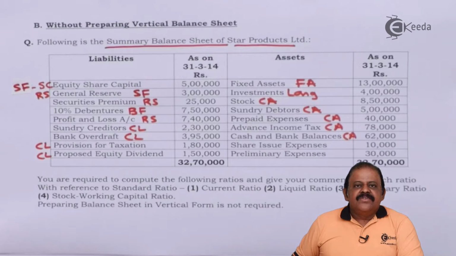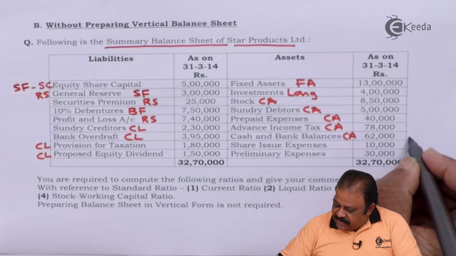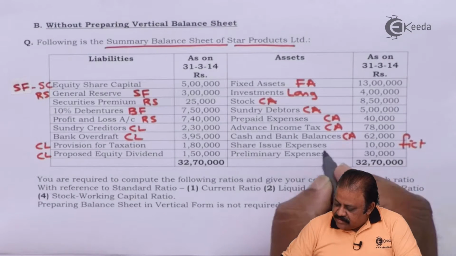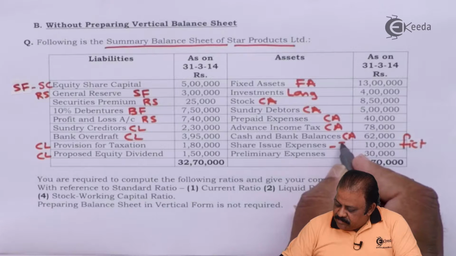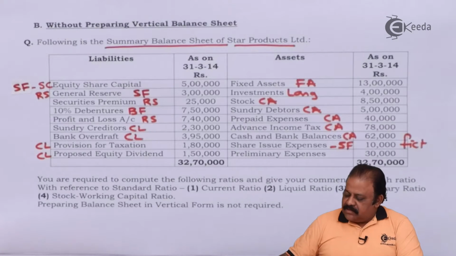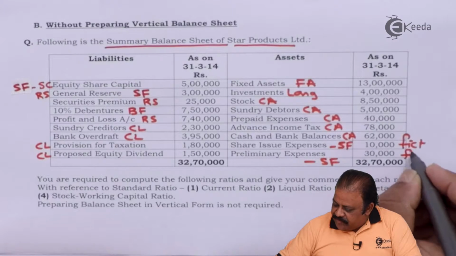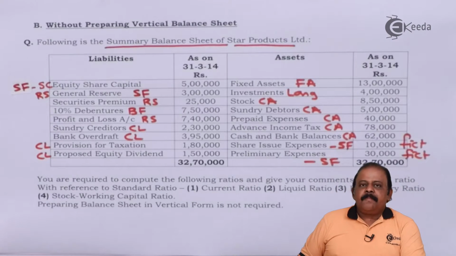current asset. Share issue expenses, these are fictitious assets. This will be deducted from shareholders fund. Preliminary expenses deducted from shareholders fund. This is also fictitious asset.